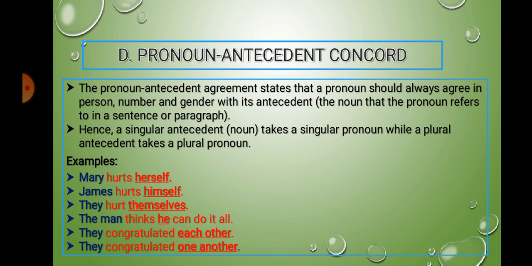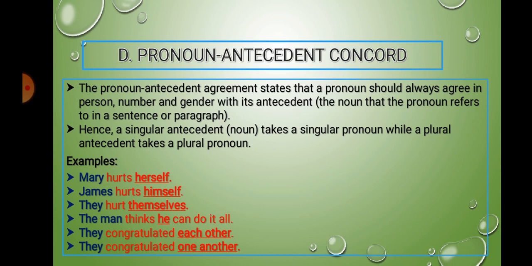The man, a singular noun or antecedent, attracts a singular pronoun, he, and it agrees in both gender and number. The fifth example: they congratulated each other. They, a plural pronoun, is in agreement with another pronoun, each other.